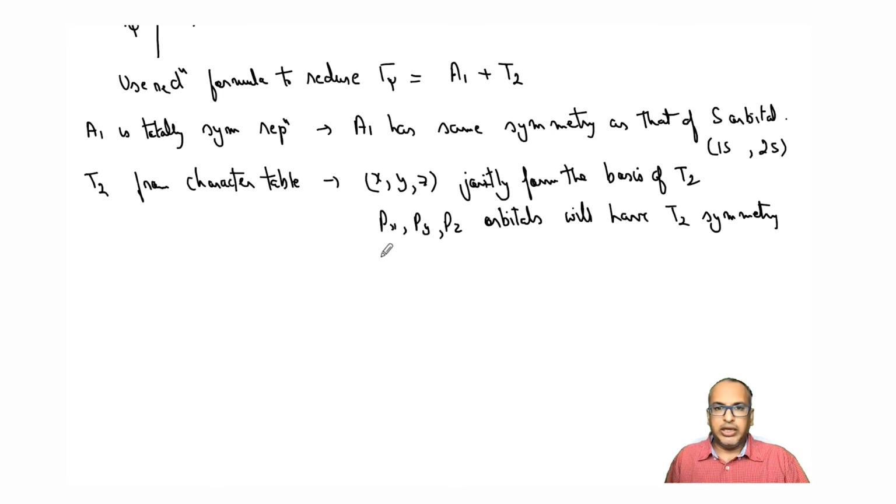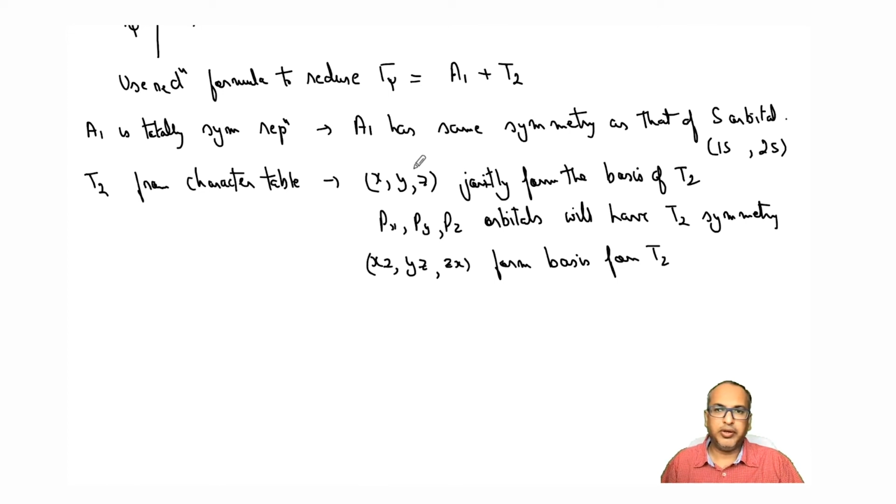Now if we also see that xz, this is again from the character table, yz and zx, they will also form the basis for T2. So this comes from the unit vector transformation and this comes from the binary products.